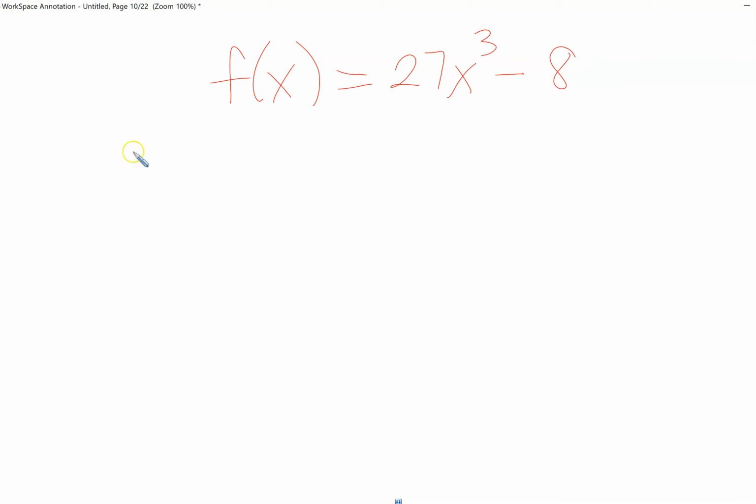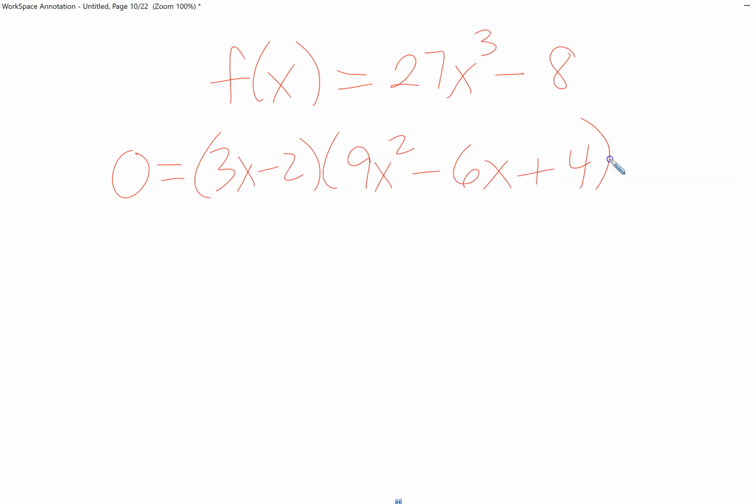And the factoring that I would get there would be 3x minus 2, and I'd get here a 9x squared minus 6x plus 4. This trinomial right here is going to be a prime trinomial, meaning it won't factor any further. So when I go to solve for x, I'm going to have that 9x squared minus 6x plus 4 equals 0. I'm going to have to use my quadratic formula.